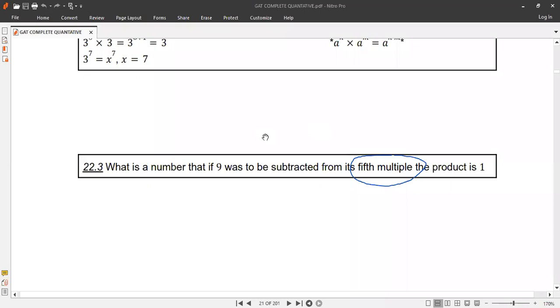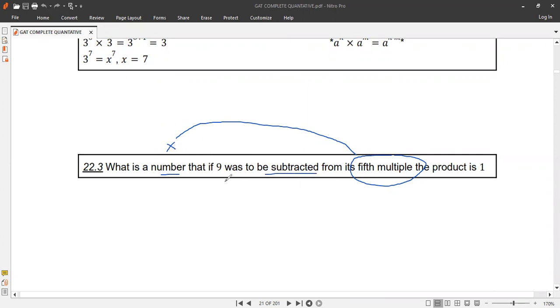So, I suppose that the number is x. But he said fifth multiple, 9 subtracted from its fifth multiple. So let me consider the number x.